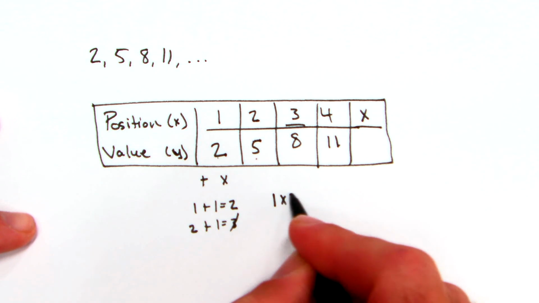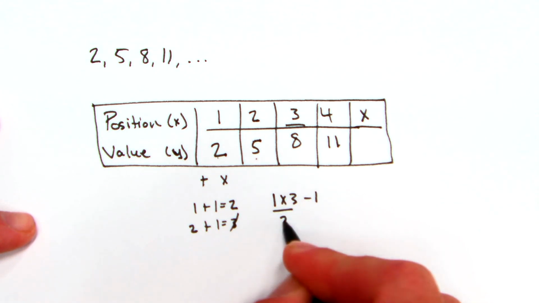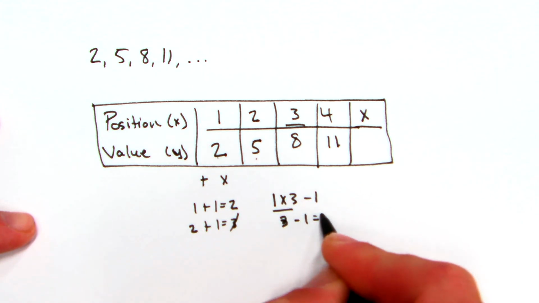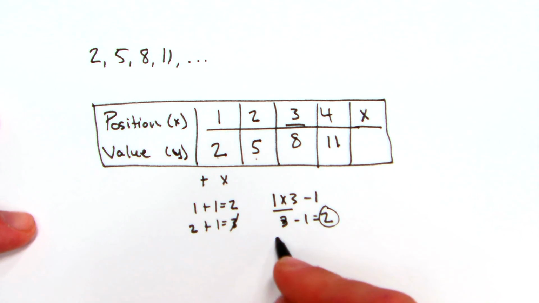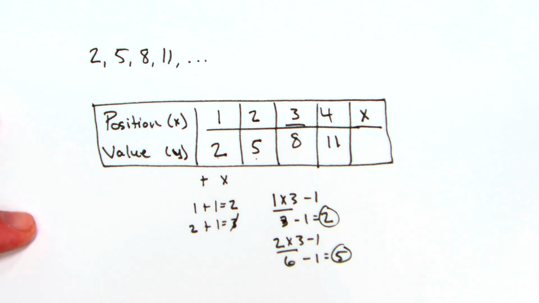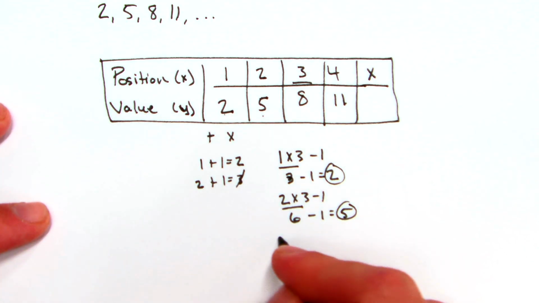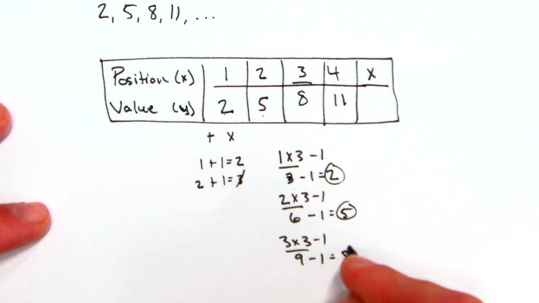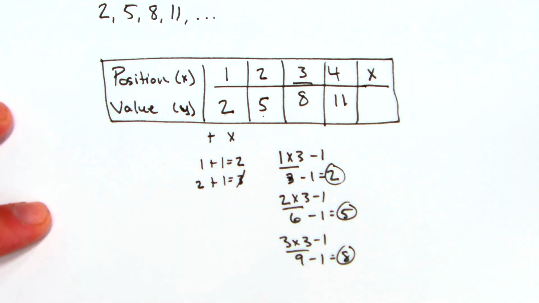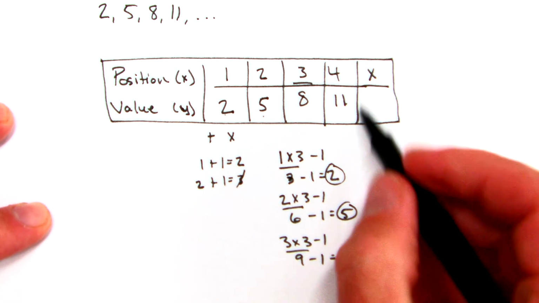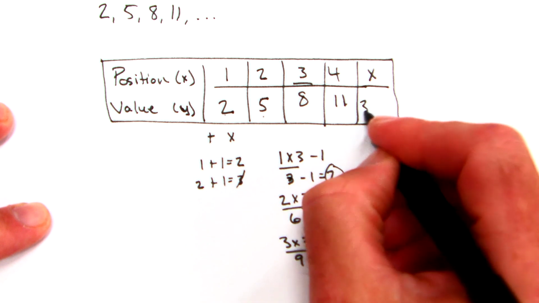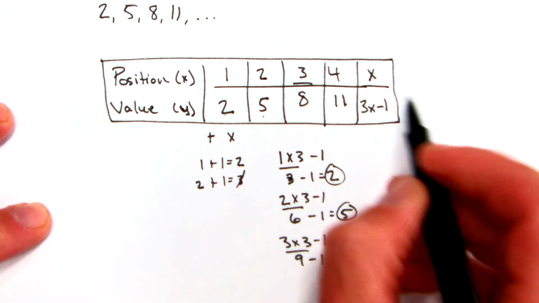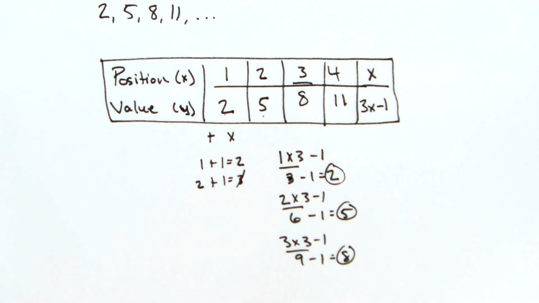So if we take 1 times 3 minus 1, 3 minus 1 is 2. That works. Let's try 2 times 3 minus 1. 6 minus 1 is a 5. Ooh, that works too. Let's try one more. 3 times 3 minus 1 is an 8. Looks like we've got a pattern. So if it's an x, we had to take our x value times 3 minus 1 to get our expression.